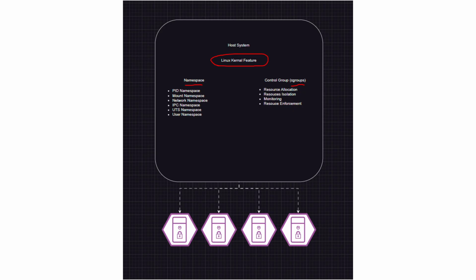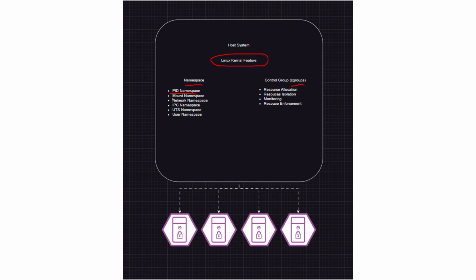The first one we're going to talk about is the PID namespace, which is the process ID namespace. What it controls is that every time you create a container, the process ID namespace isolates the processes, so the namespace has its own process hierarchy.